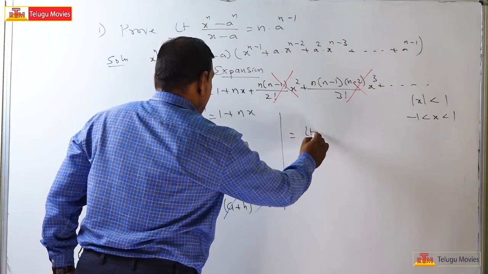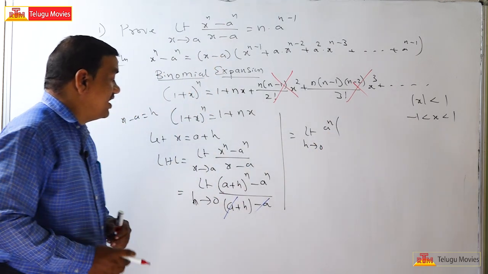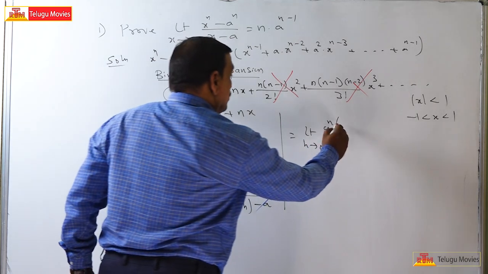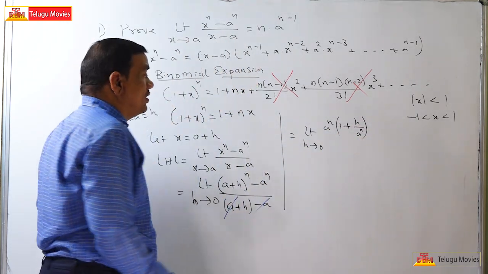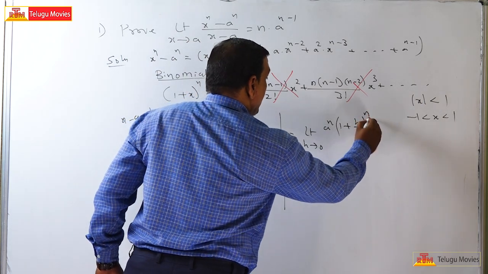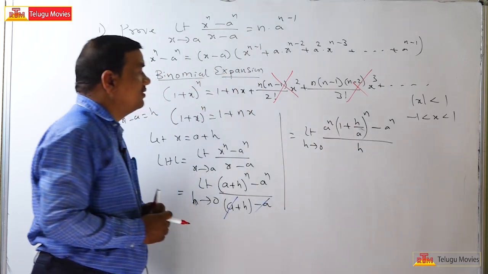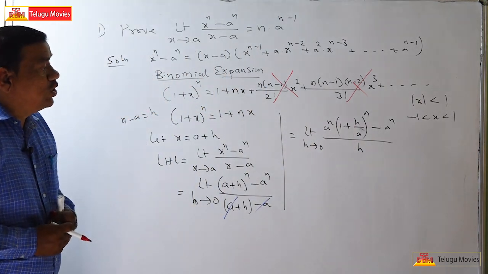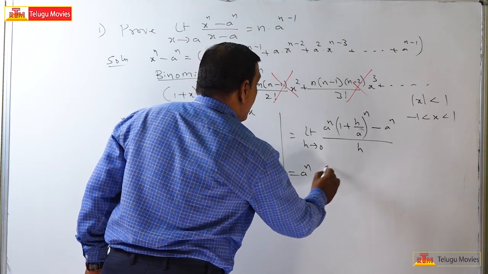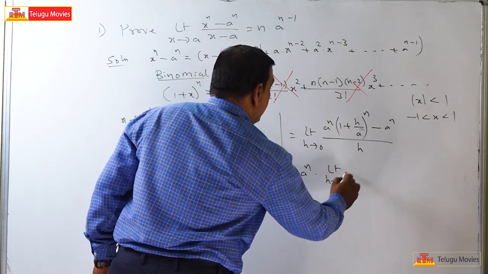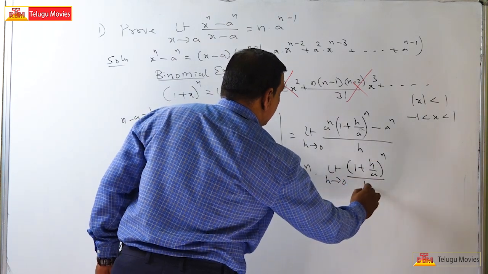So this is limit h tends to 0, a^n times ((1 + h/a)^n − 1)/h.